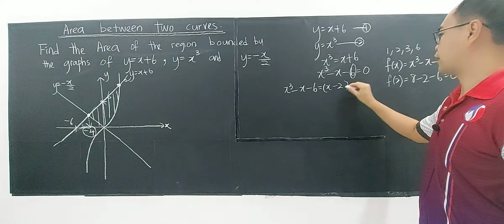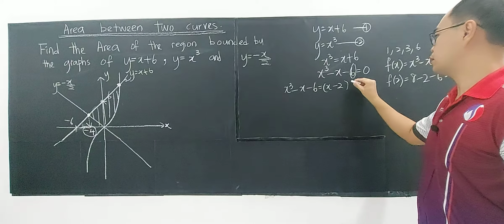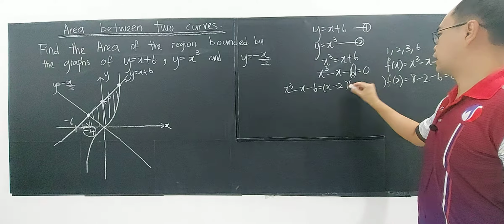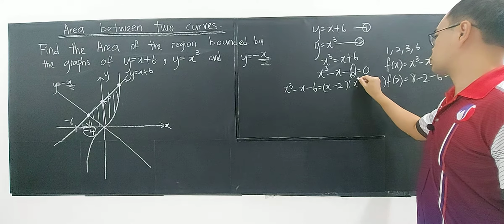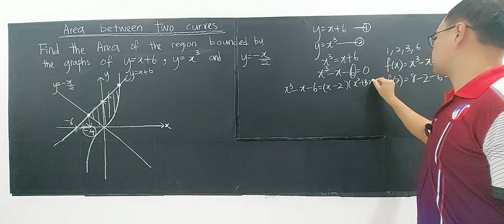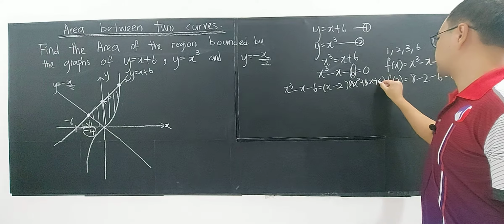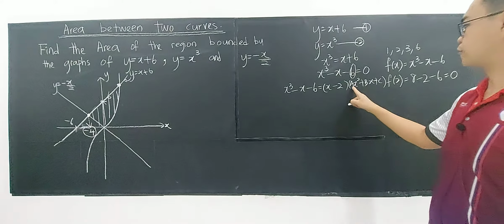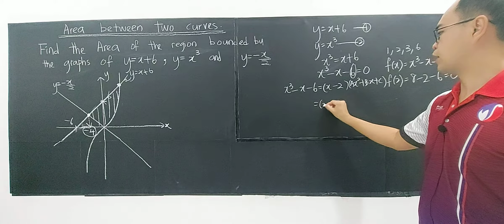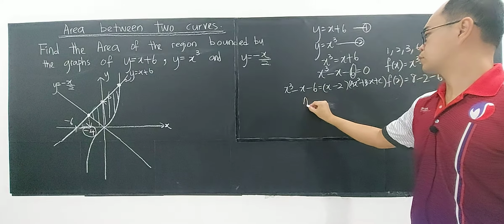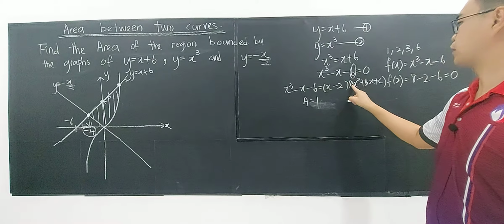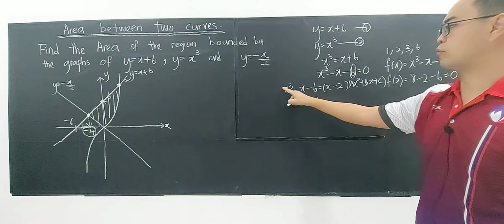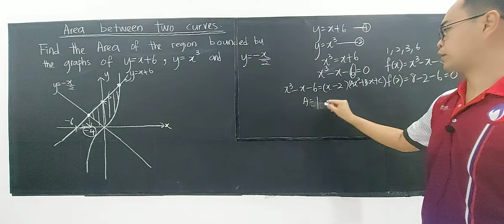From here I can factorize this easily by writing the other factor as a quadratic, ax squared plus bx plus c. The value of a is 1, because ax squared multiplied by x gives ax cubed, which is 1 here.